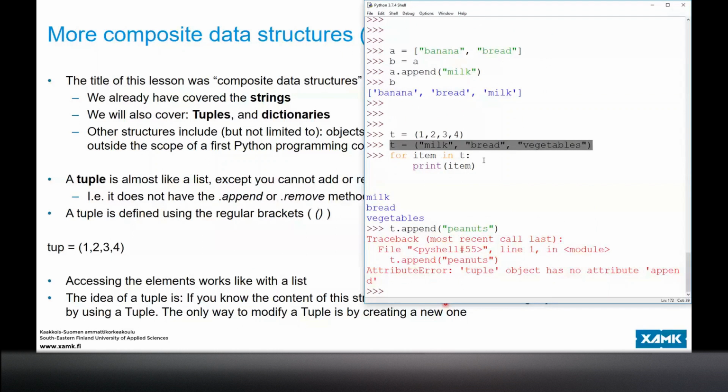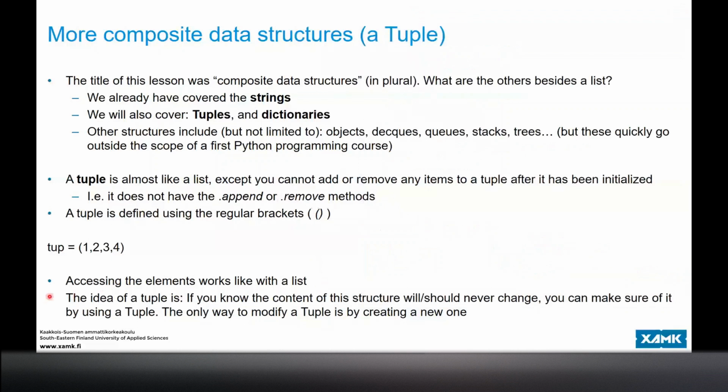So a tuple is like a list, except it happens to be an immutable data type. The idea of using a tuple is basically it's like a list in all its properties, except if you know that the contents of that list will or should never change, you can make sure that it really never does change by using a tuple instead of a list. The only way you can modify a tuple is by creating a new one. So that's one variation of the list.